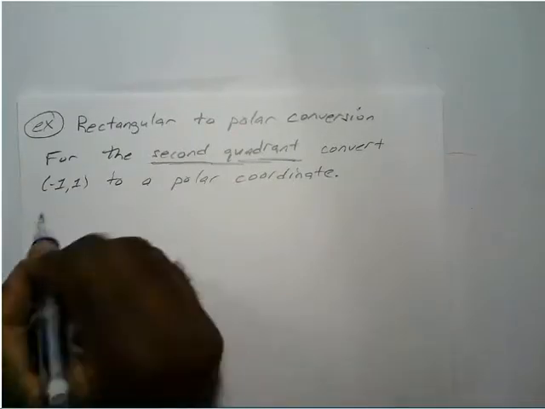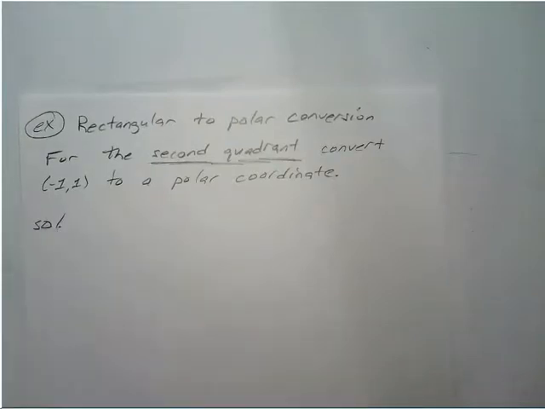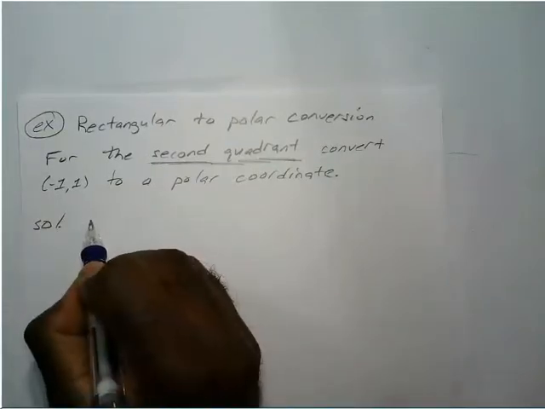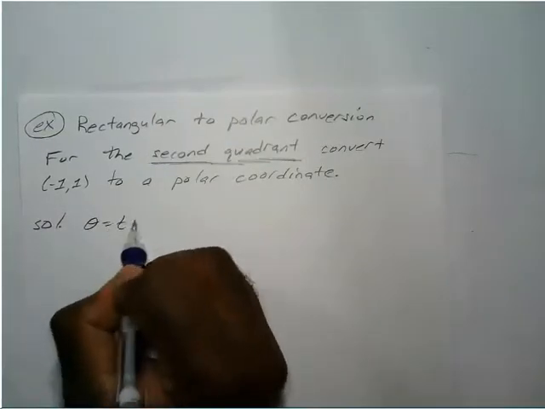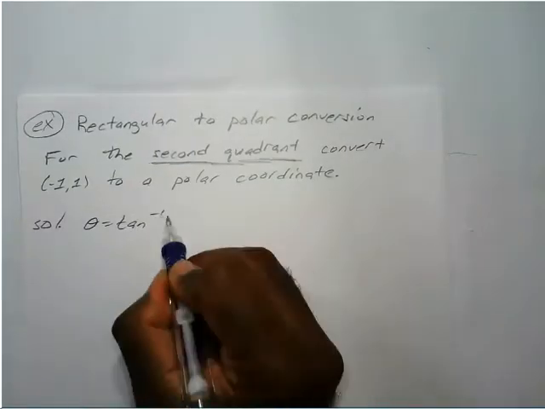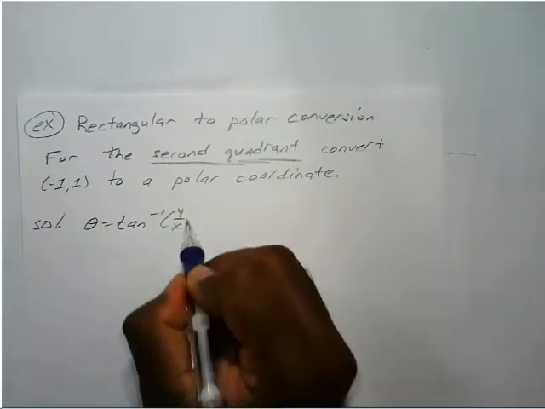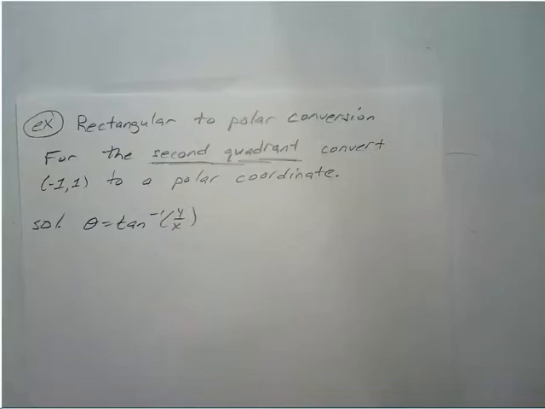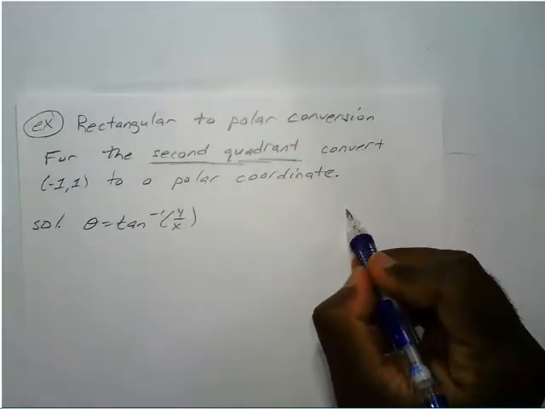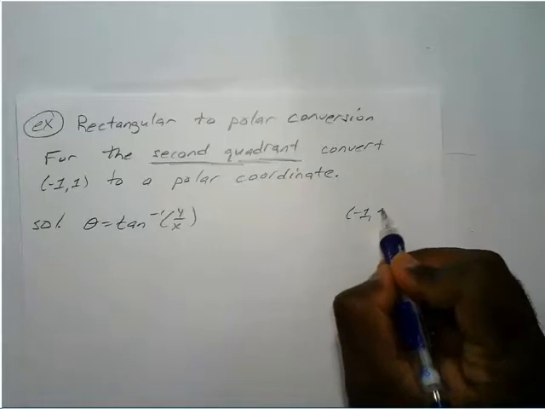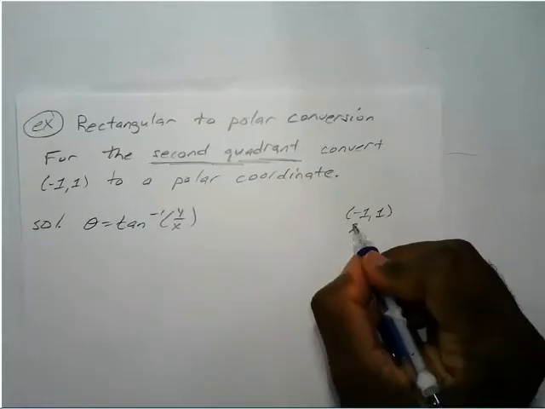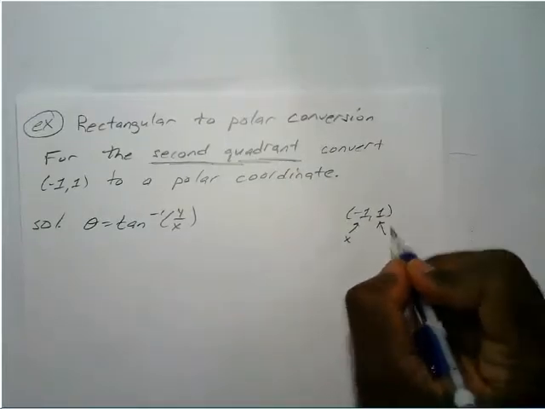Starting off, we know that theta equals tangent inverse of y over x. We know that our point is (-1, 1), so that's your x and that's your y.